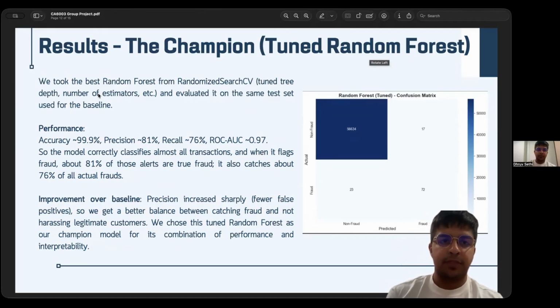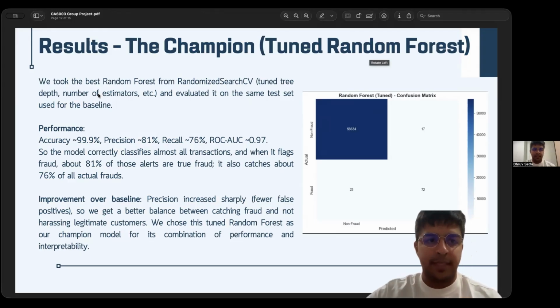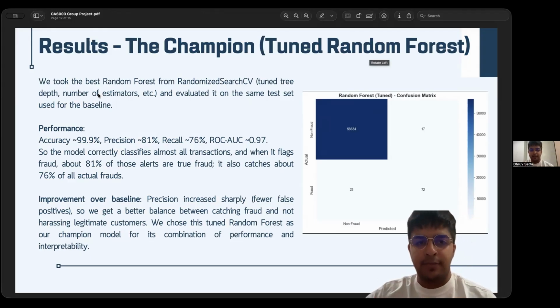We tuned it using this randomized search CV and evaluated it again on the test set, and we achieved better accuracy as well as better precision: 99% accuracy and a precision of about 81%. So this model correctly classifies nearly all the transactions, 81% of the alerts are true fraud, and 76% of the actual frauds are caught.